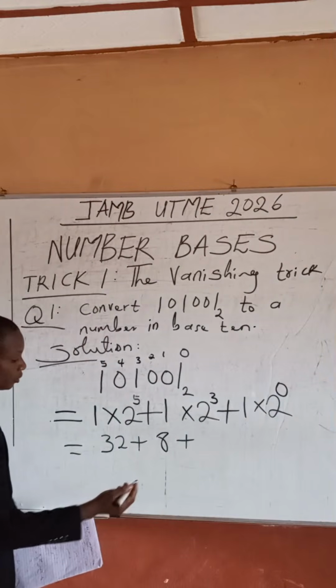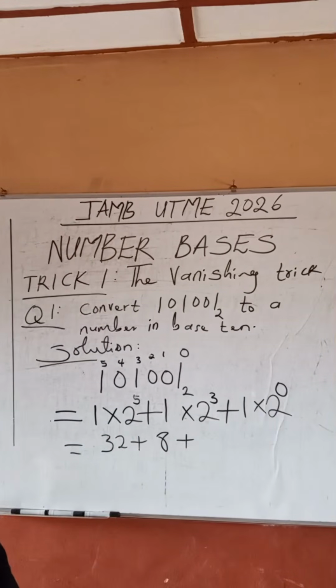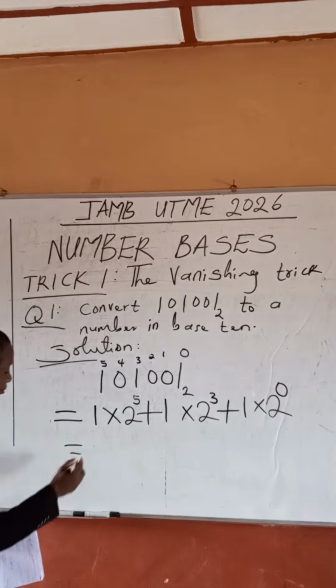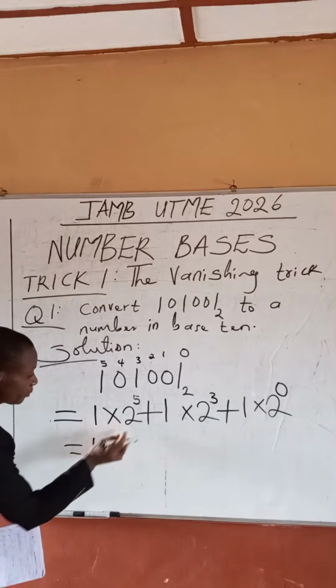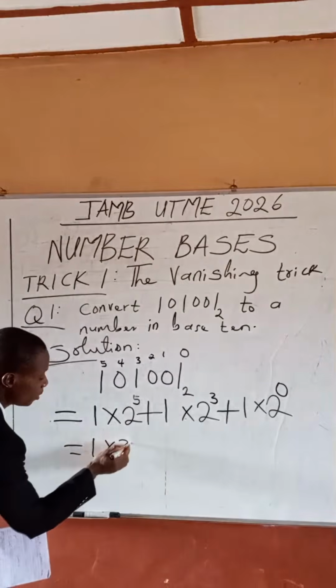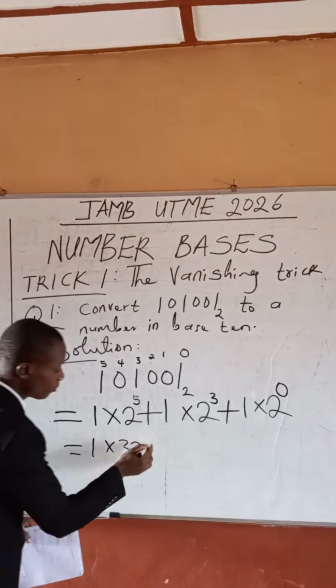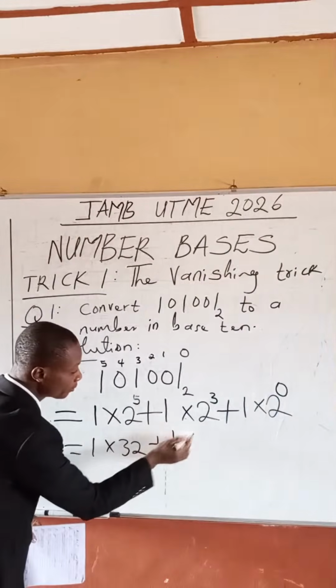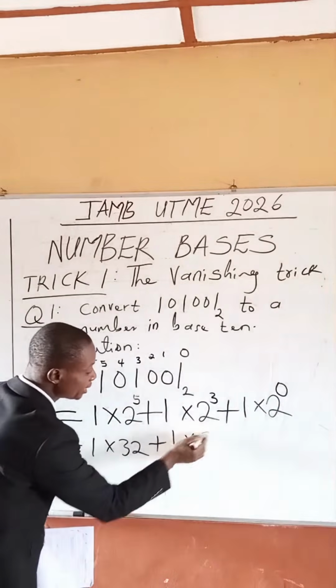But if I want to take it gradually, let me take it gradually. I know we don't want to waste time, but we have to be very careful. This becomes 1 times 32, which we are already used to. Then this second one becomes 1 times 2 raised to the power 3 is 8.